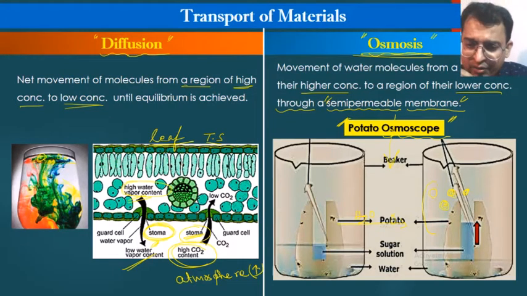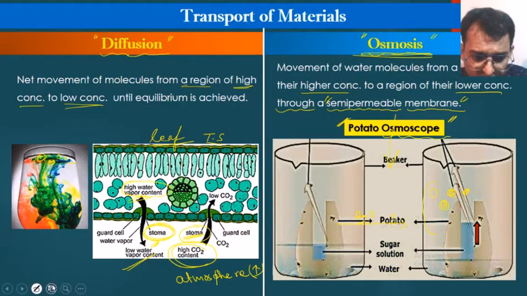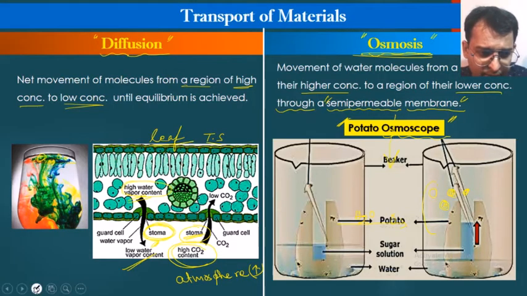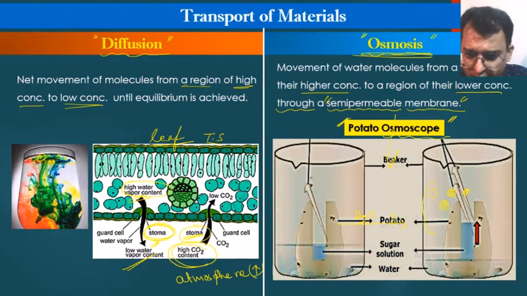Now here what are the things? Here we have the potato, okay. This potato is cut in such a way that this is like a cavity, there is a well, okay, here there is a well.